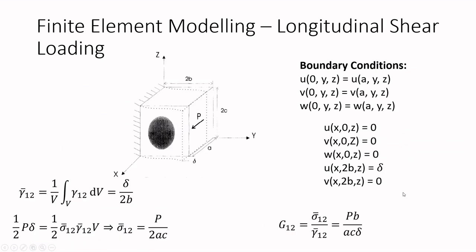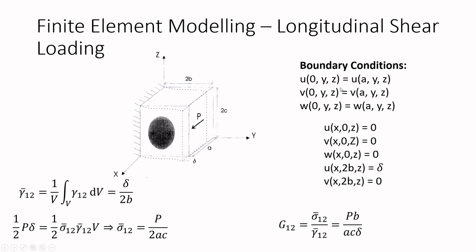Similarly, for longitudinal shear, we are applying the shear on this face. Y is equal to 2B, and we are fixing this as a constraint. In the constraint we have U, V and W on this face as 0. Also U on this face is equal to delta, and there is no movement allowed in the Y direction on this face. It can move in this direction, but it cannot go like this.